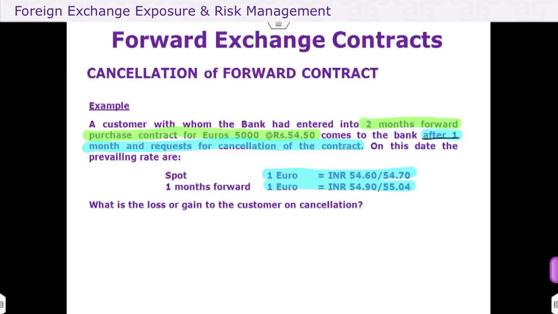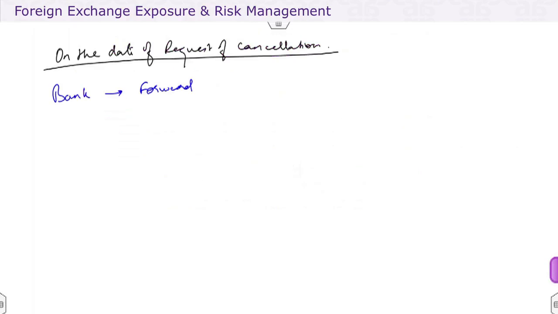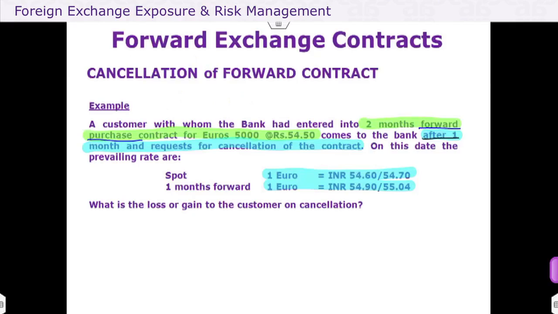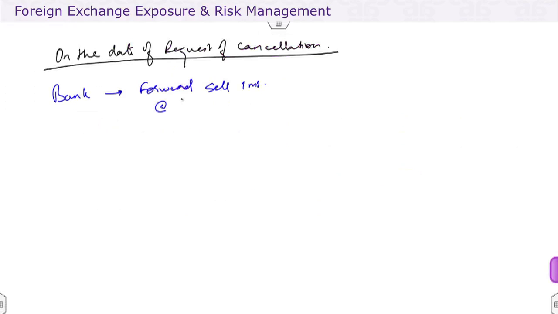The contract was forward purchase, so you enter into a forward sell 1 month contract. So the rate at that time for forward sell 1 month is 55.04 to a euro.